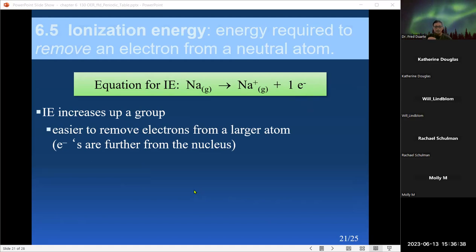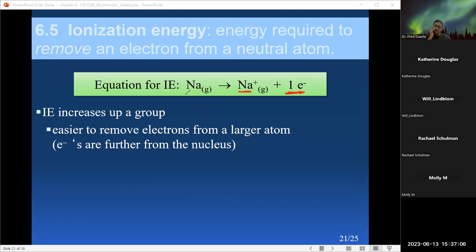What's happening here is denoted by the equation, where sodium undergoes a process in which it loses an electron and gives us a cation. That's the ultimate goal here: we hit the element with energy and see how much energy it takes to remove an electron.